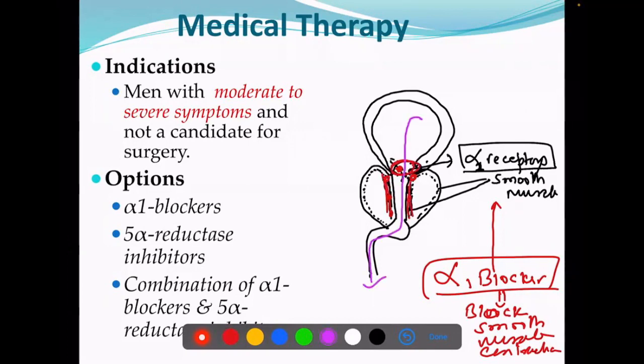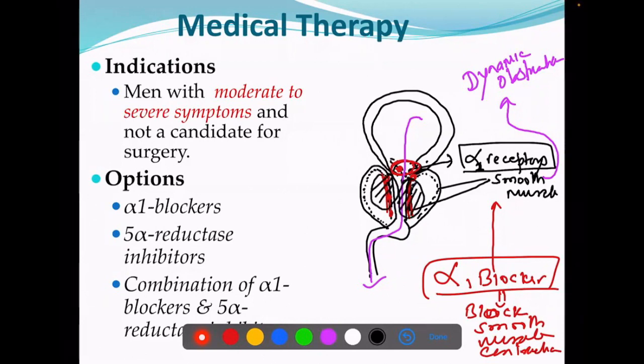If the obstruction is caused by the contraction of smooth muscles, it is known as dynamic obstruction. By using an alpha-1 blocker, we can relieve the dynamic obstruction of BPH. But there is also a mechanical obstruction, which is caused by glandular enlargement.